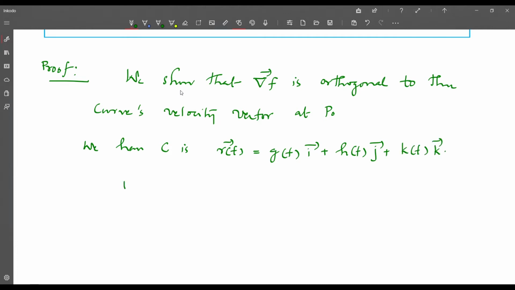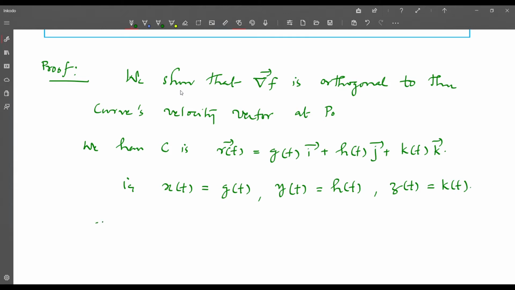That is, x of t is equal to g of t on the curve, y of t equal to h of t on C, and z of t equal to k of t on the curve C.